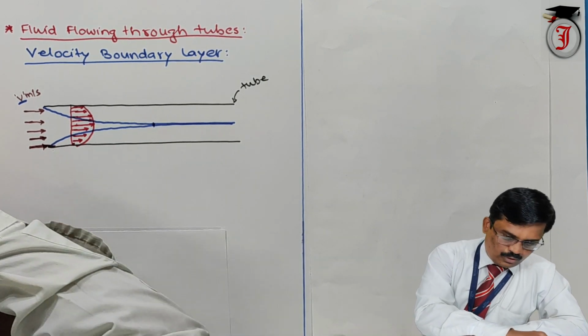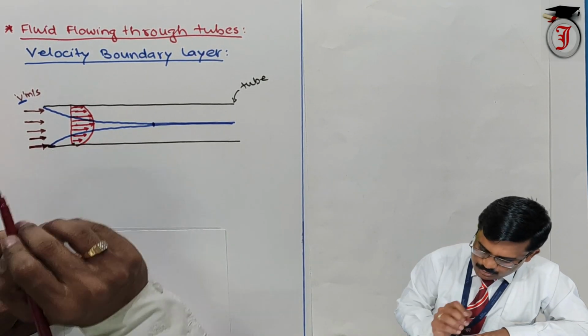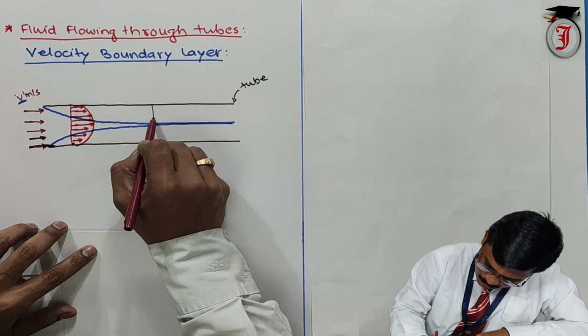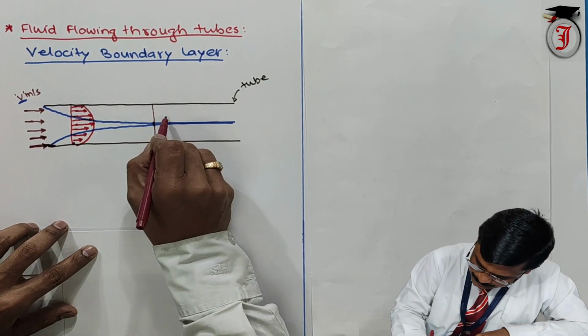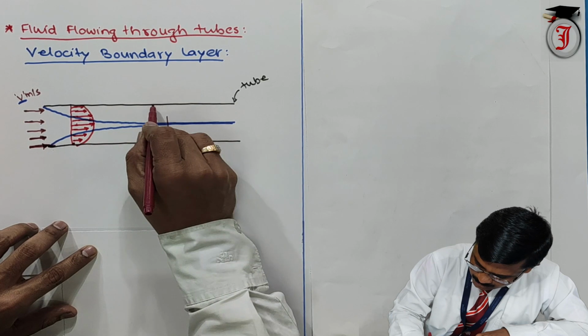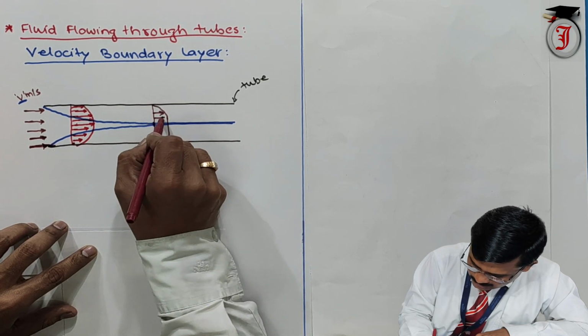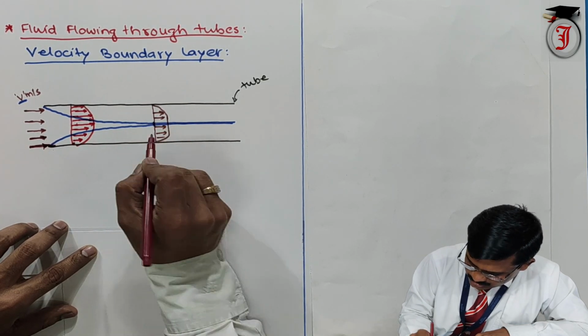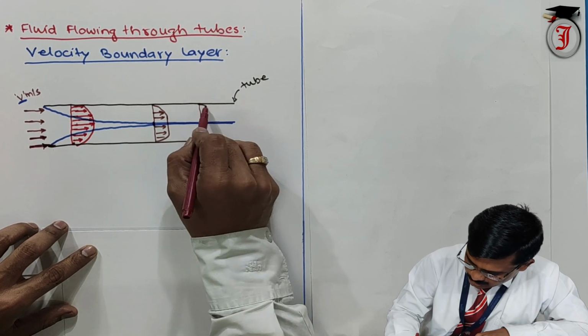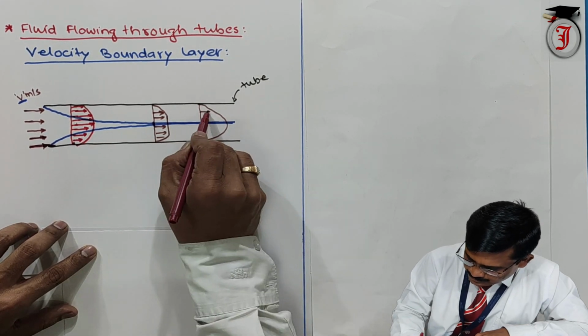And here we can draw the velocity boundary layer like this. This is the velocity boundary layer at this region, whereas here the velocity boundary layer looks like this.